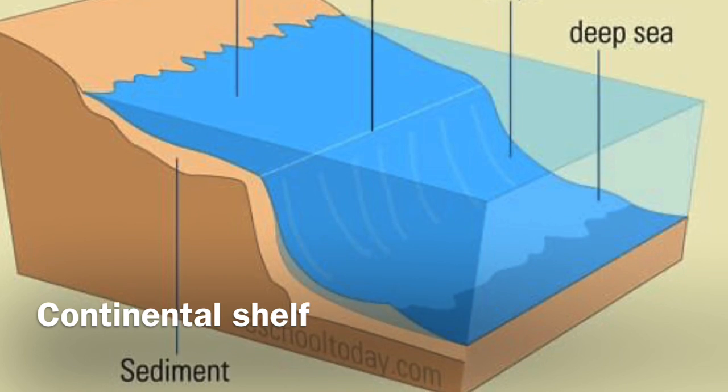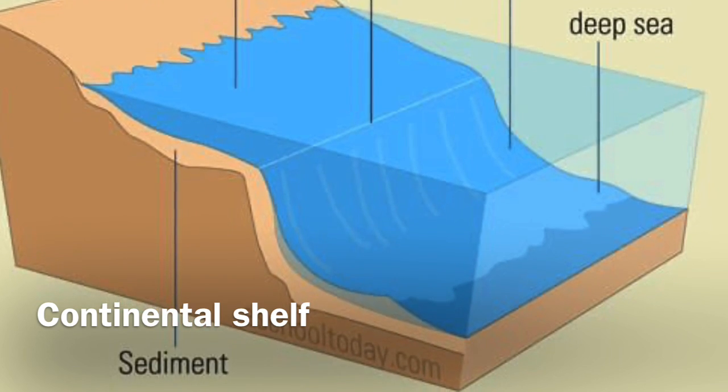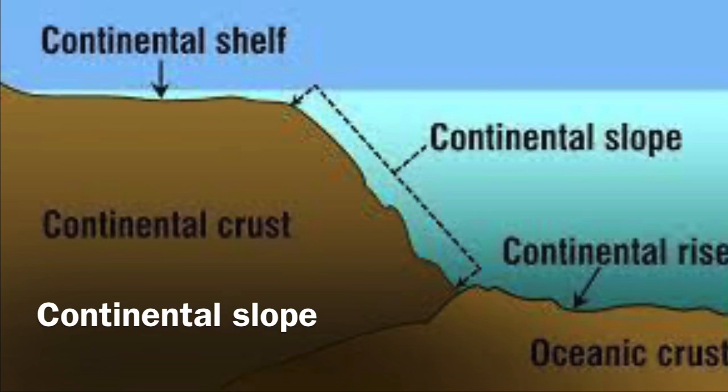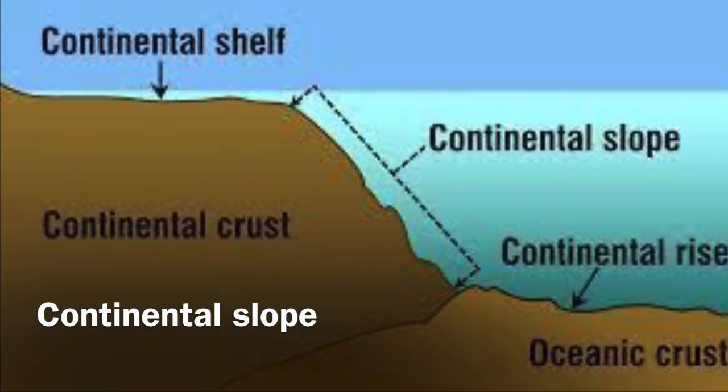Example, Mumbai High in the Arabian Sea. Continental slope. The second part is the continental slope. It forms a boundary between the continental crust and the oceanic crust.